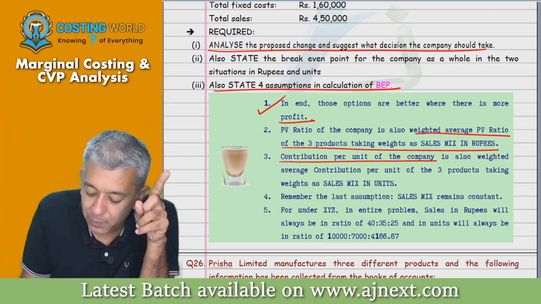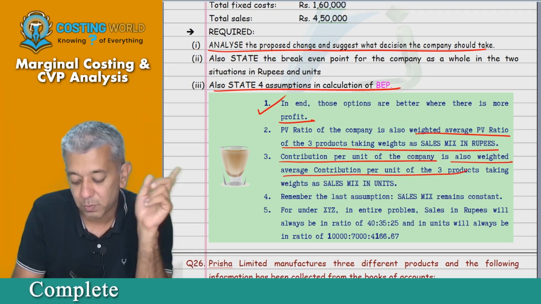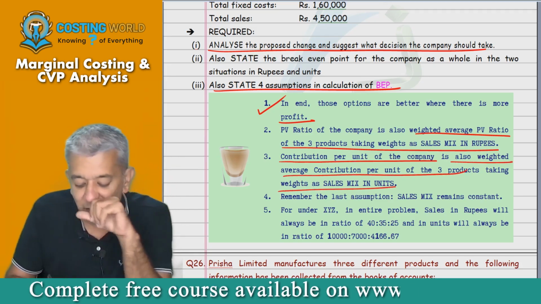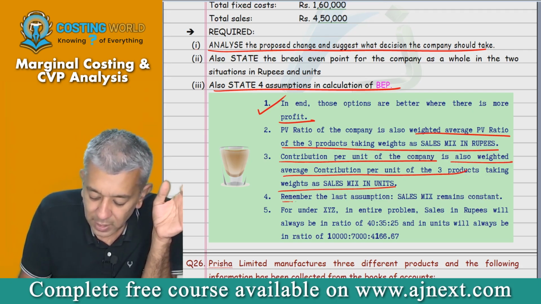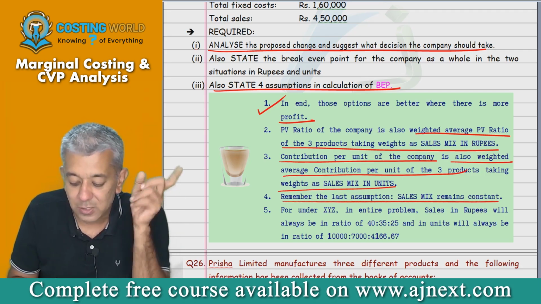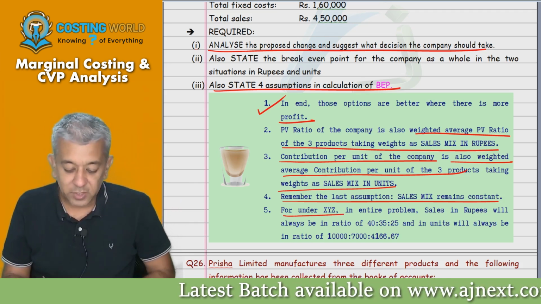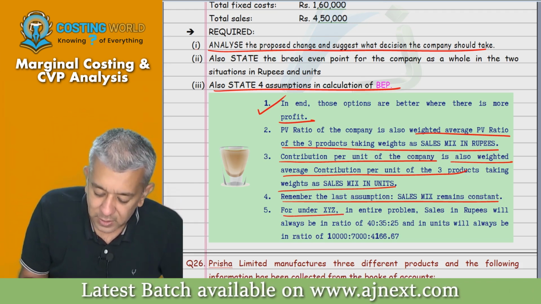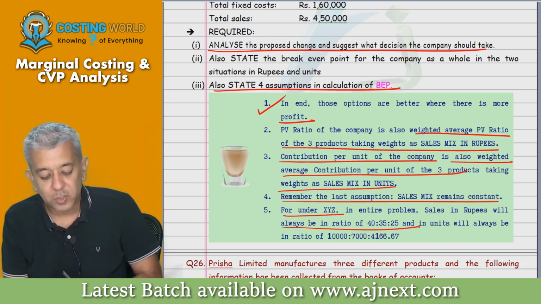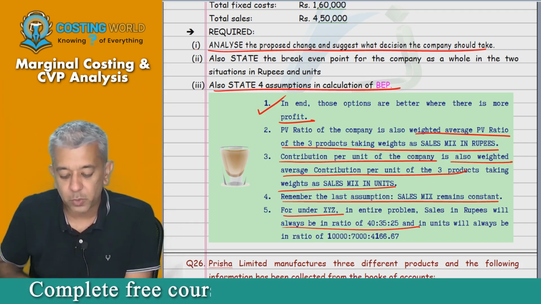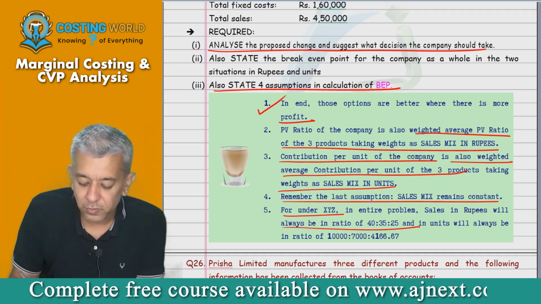Contribution per unit of the company is also the weighted average contribution per unit of the three products, taking weights as sales mix in units. Remember the last assumption, sales mix remains constant, because that was a new thing. Under XYZ in the entire problem, sales in rupees will always be in the ratio of 40:35:25, and in units will always be in this particular ratio.